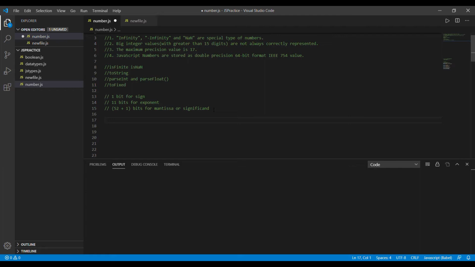We know if there are 53 bits, then the largest binary value we can represent is Math.pow(2, 53) minus 1. So let's print it.